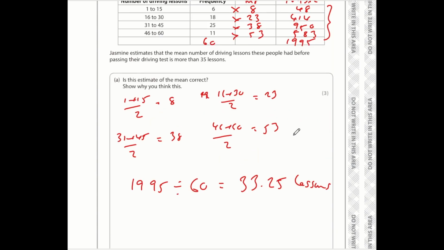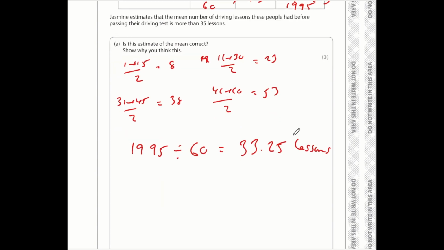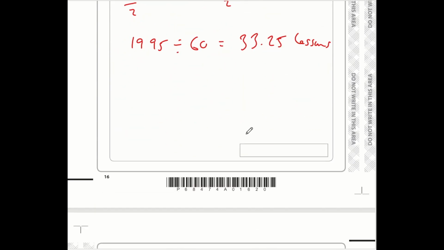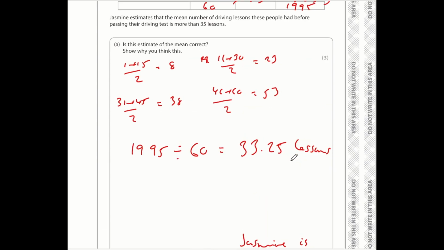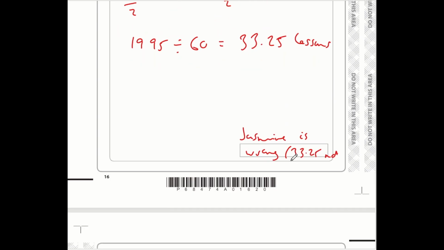Jasmine estimates that the mean number is more than 35. Well, Jasmine is wrong. It's 33.25, not 35 or more. So I'll just put 35 plus. I don't think we really need to clarify this, we've clearly shown how we've got our answer.